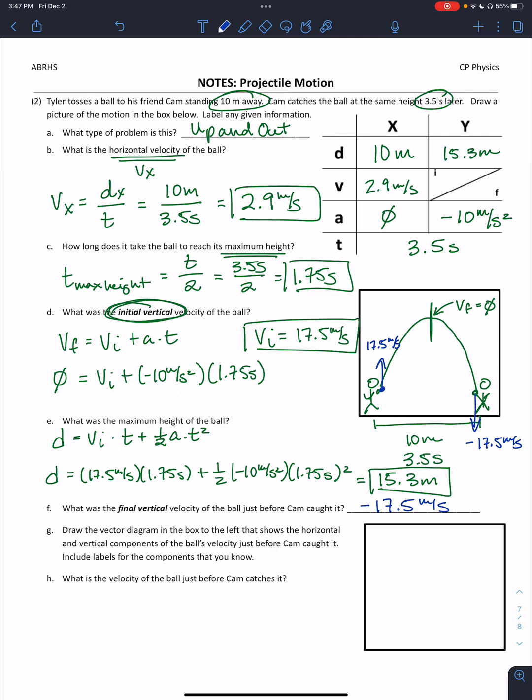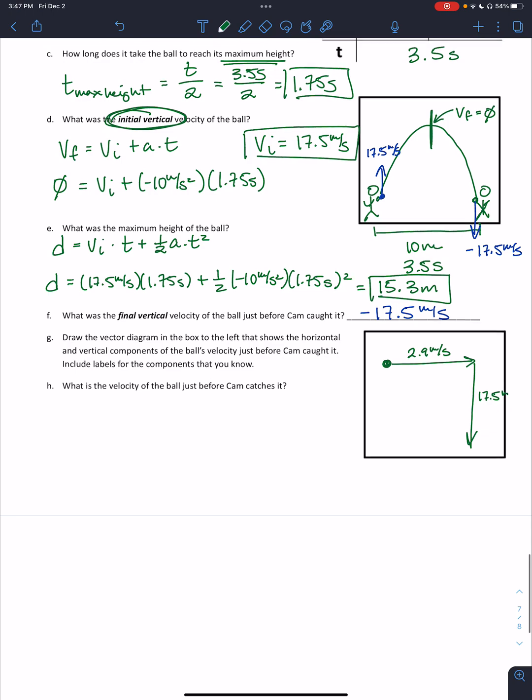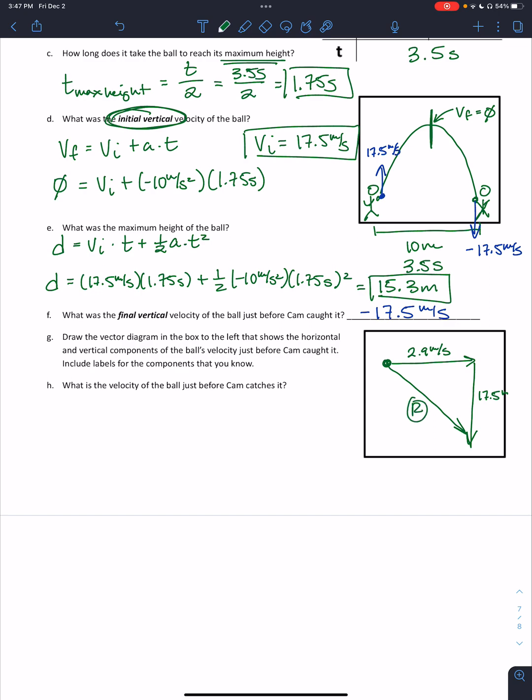G says draw a vector diagram in the box to the left that shows the horizontal and vertical components of the ball just before Cam caught it. Include labels for the components you know. So we have the ball moving horizontally at 2.9 meters per second. The ball is also dropping vertically at 17.5 meters per second. Here's my resultant. Now my resultant is going to be found using Pythagorean's theorem.